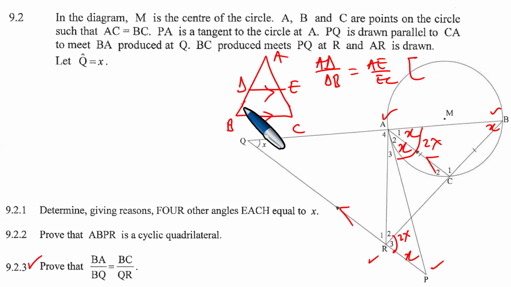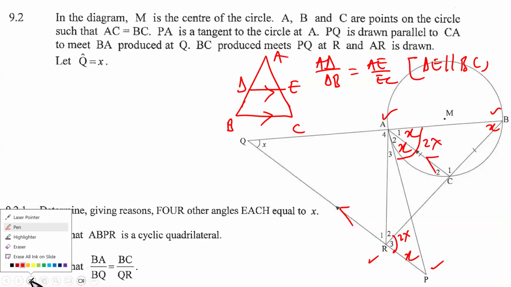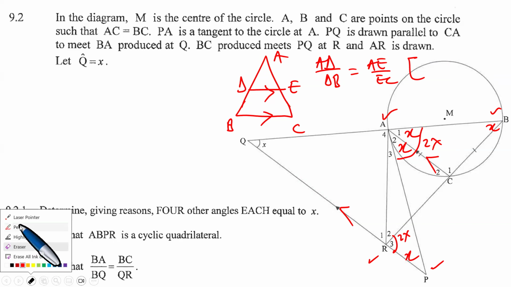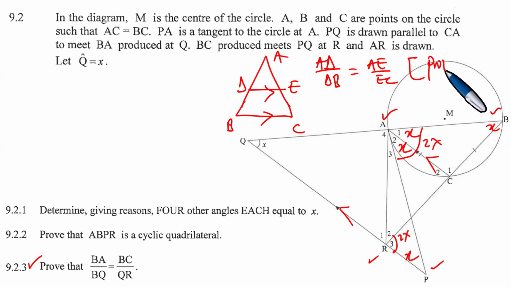Why is this the case? It is the case because DE is parallel to BC, and this is the proportionality theorem. Normally this is how we write it: you just say the reason, proportionality theorem, why, and then you put a semicolon there, and you then say DE, for instance, is parallel to BC, like that.